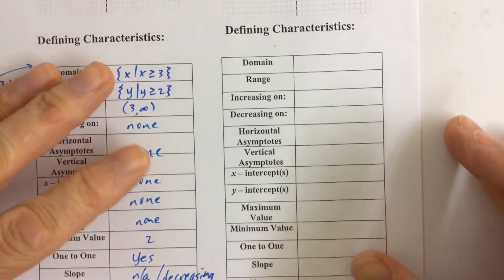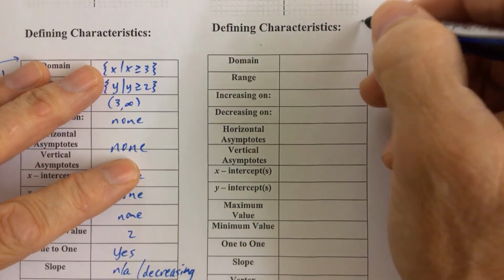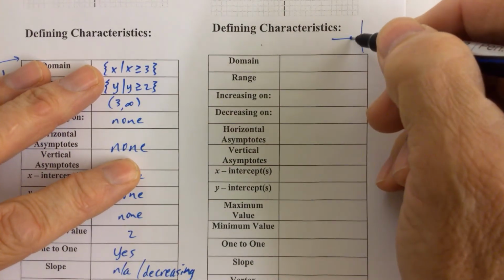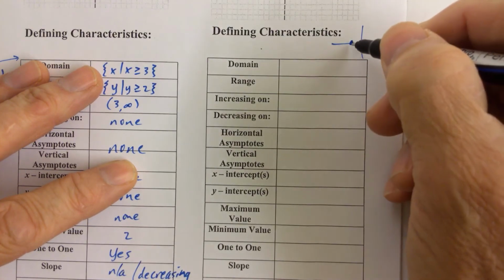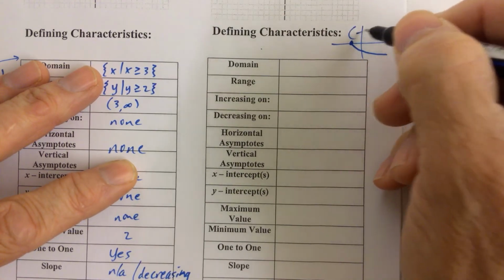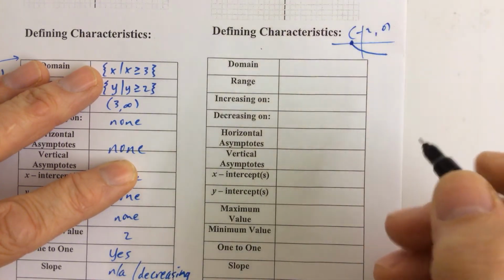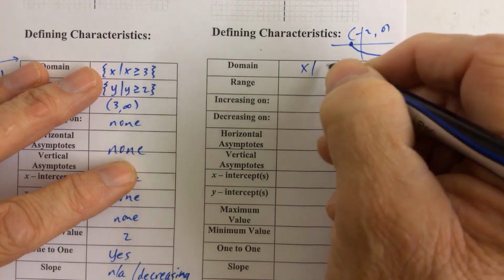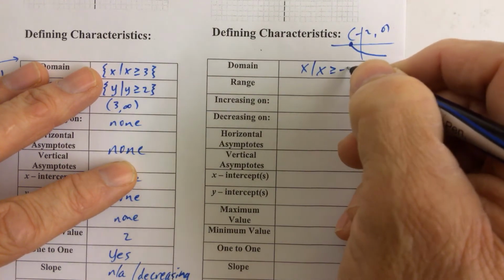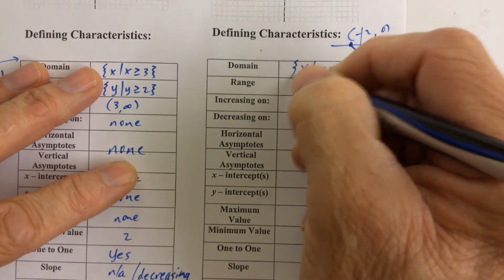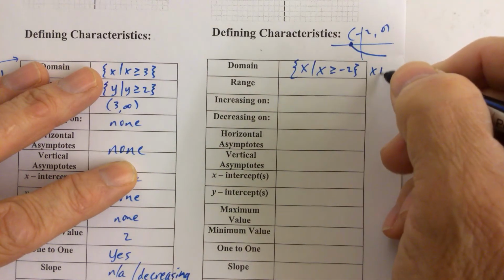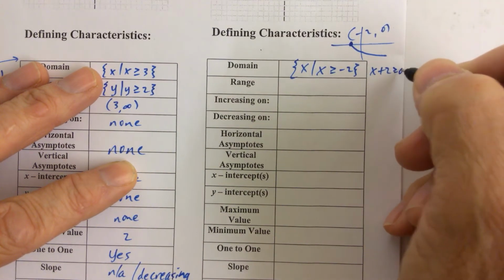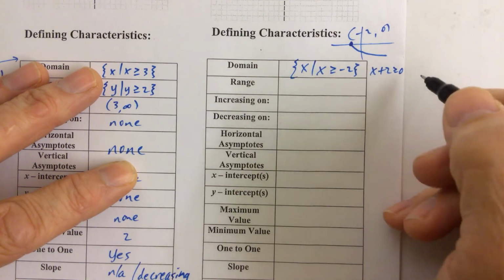Let me go ahead and do this one as well, so we can do this all in one video. Again, the initial point on this graph is at negative 2, 0. So the domain would be all real numbers x, such that x is greater than or equal to negative 2. And again, we can find that by taking what's under the radical, which is x plus 2, setting it greater than or equal to 0, and subtracting 2 from both sides.